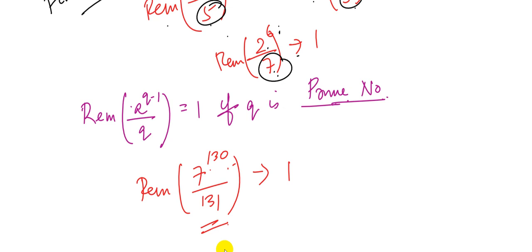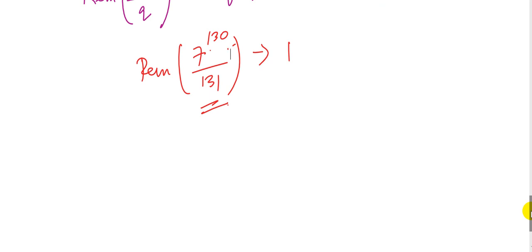Is it clear? Yes, sir. Okay. So these are two very important rules, congruence modulo and Fermat's theorem, to deal with problems on remainders of numbers.